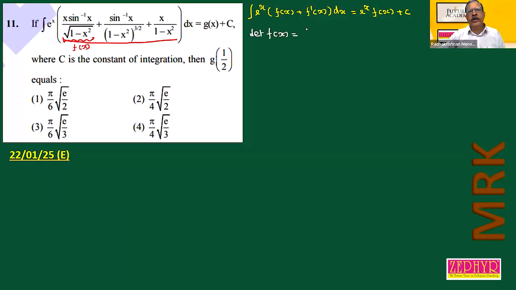Let f of x is equal to x sine inverse x divided by root of 1 minus x square.